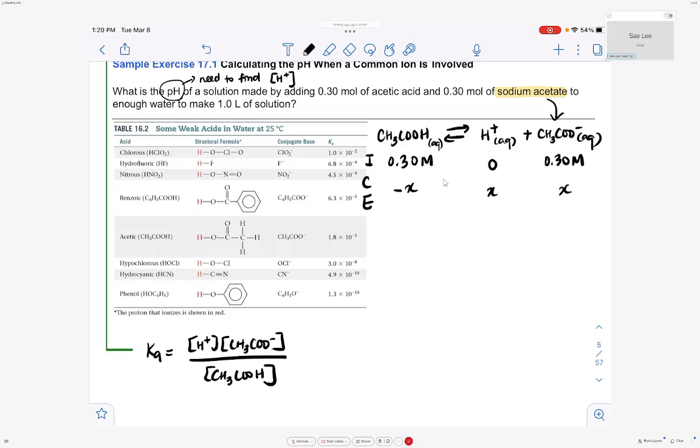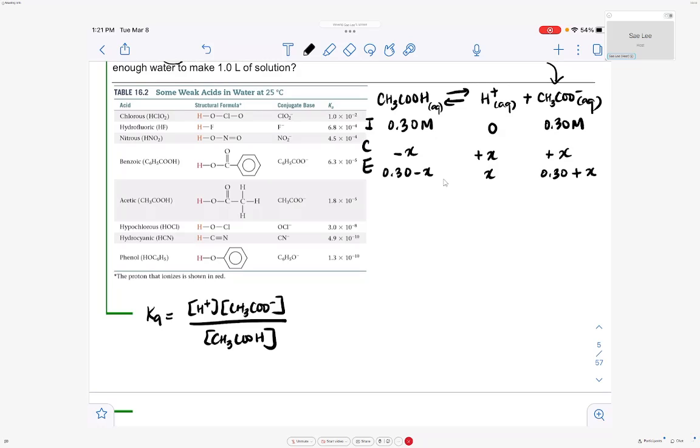You are generating the products, so you're putting a positive sign for the products that you're generating. Then the equilibrium concentration would be 0.3 molar minus X, and then 0.3 molar plus X.